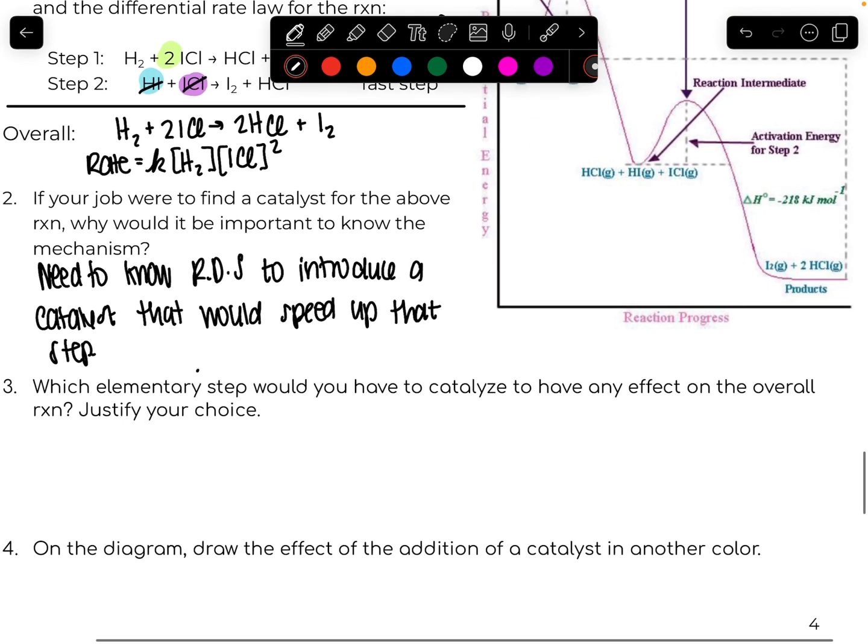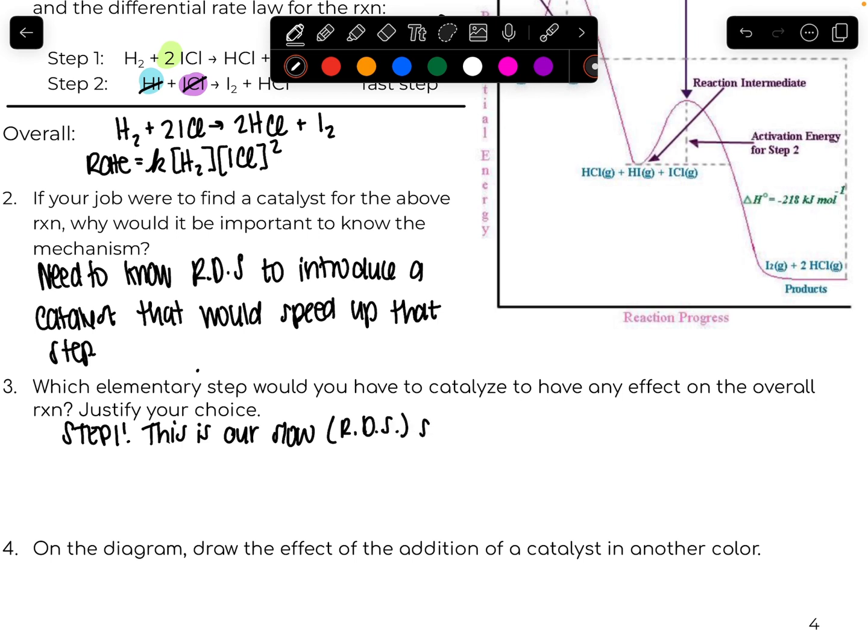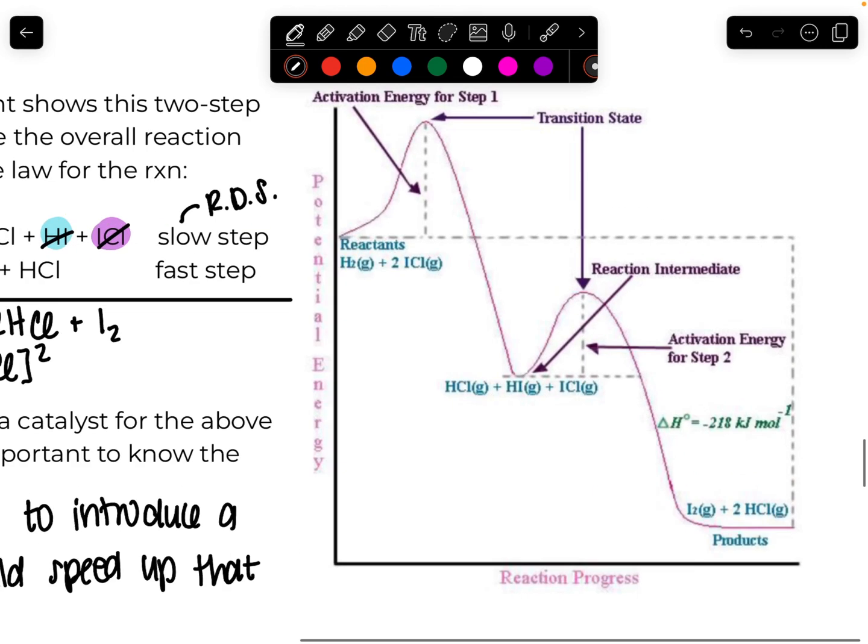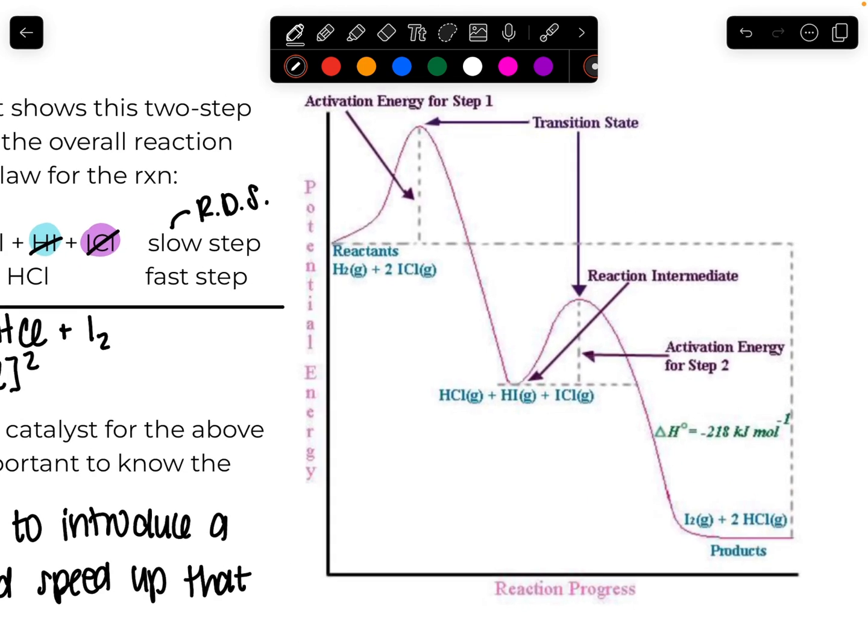So, step 3, which elementary step would you have to catalyze to have any effect on the overall reaction? Well, it would have to be step 1. Why would it have to be step 1? Because that's our slow step. This is our slow or rate determining step. You can also see this if you take a look at this potential energy diagram.